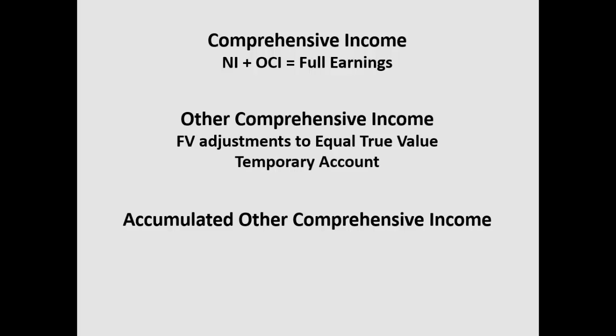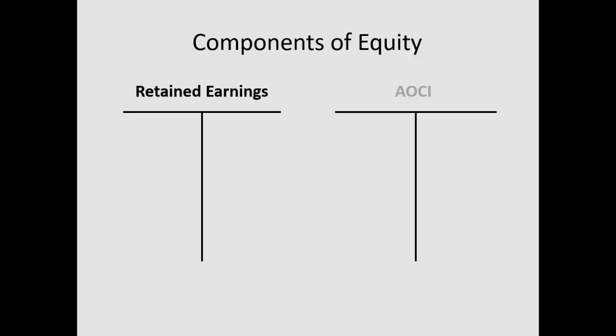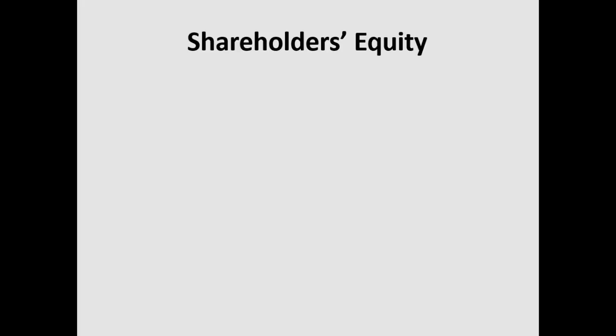This is a temporary account that closes to accumulated other comprehensive income on the balance sheet. So the two accounts you'll have on the balance sheet are retained earnings and accumulated other comprehensive income. It's a permanent component of equity. And you can see how the closing process will adjust income and loss.